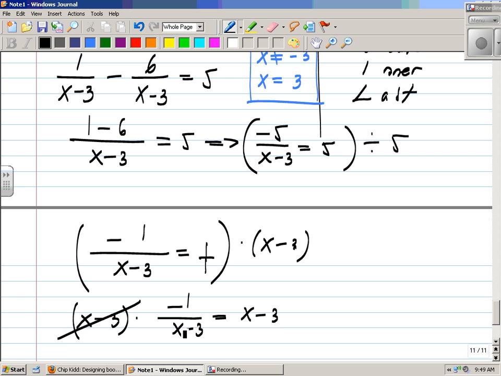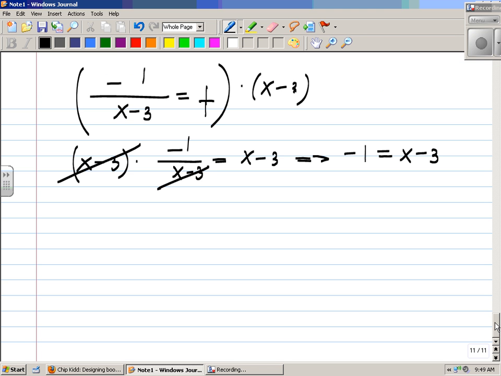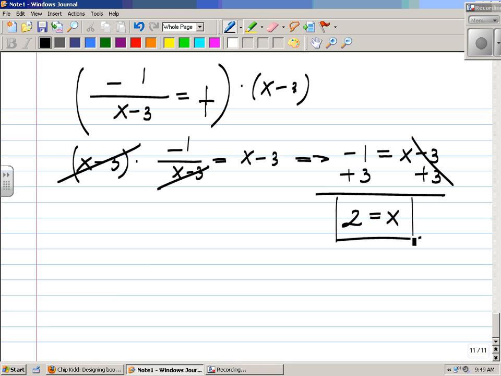The x minus 3 on the left cancels, and your equation becomes negative 1 equals x minus 3. Solving for x, you add 3 to both sides. Minus 1 plus 3 is 2 equals x minus 3 plus 3 is 0. You're done. What is your x? X is 2.